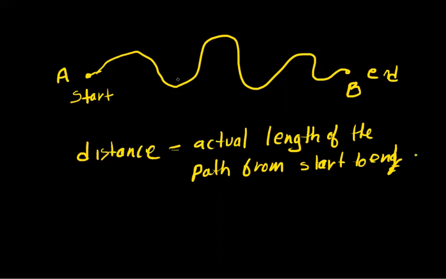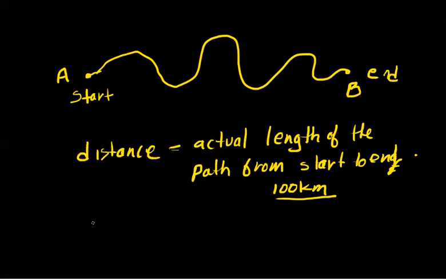So it is the length of this curvy path over here, whatever the distance is. Let's say, for example, it is 100 kilometers. So it is 100 kilometers to go from A to B following this road or this path.